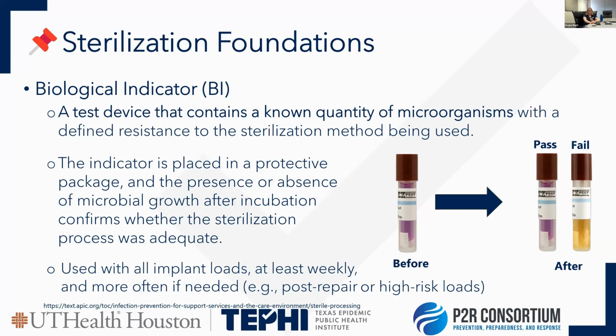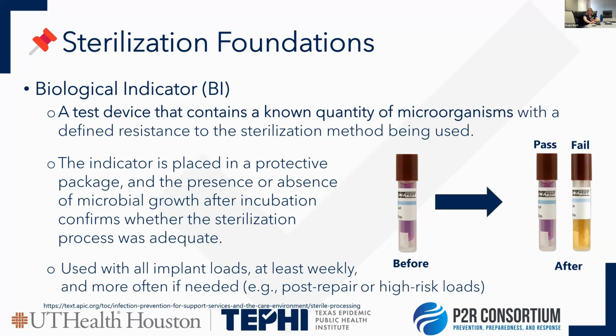You can always up it at your organization. If there's been a problem with an audit or a breakdown in repair, running them more often is a great way to ensure that compliance is being maintained, everything is being killed as it's supposed to be, and that you don't have any residual bacteria in that area.